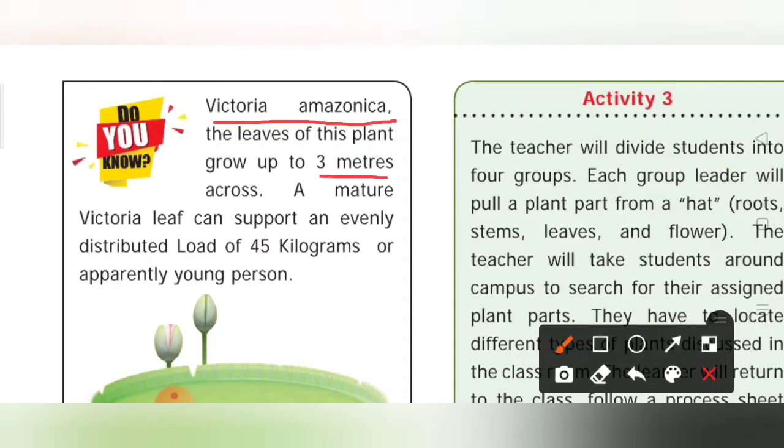A mature Victoria leaf can support an evenly distributed load of 45 kilograms, which is apparently a young person. So it can balance the weight of a young person.